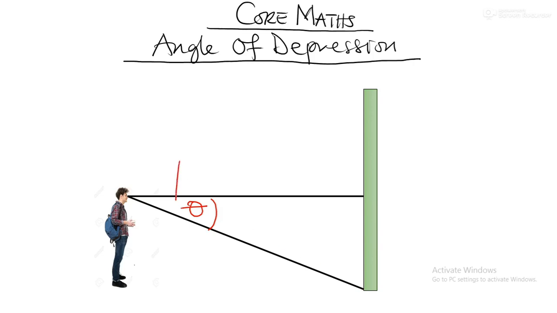Good. So this angle theta here is the angle of depression. This is the line of sight. This is the horizontal eye level.